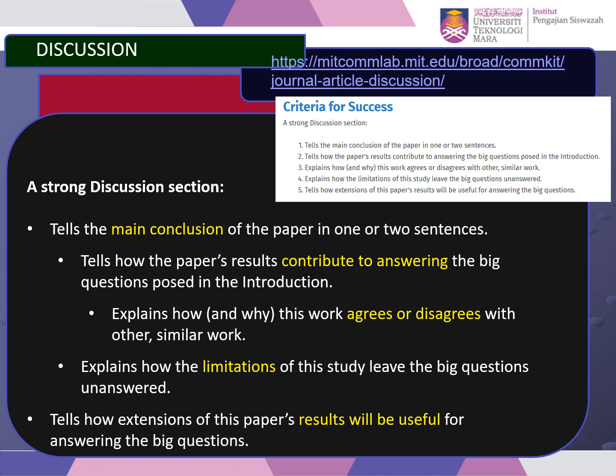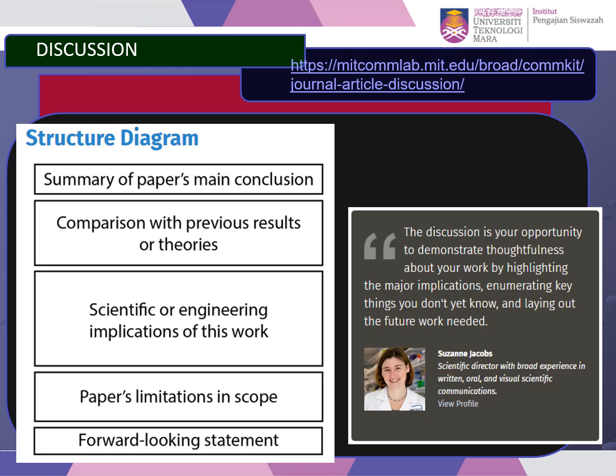The discussion should explain why and how the work agrees or disagrees with other similar work, and also explain the limitation of this study. You see, your research, your study, has some limitation also. So you should discuss the limitation of your work and tell how extension of this paper's results will be useful for answering the big question.